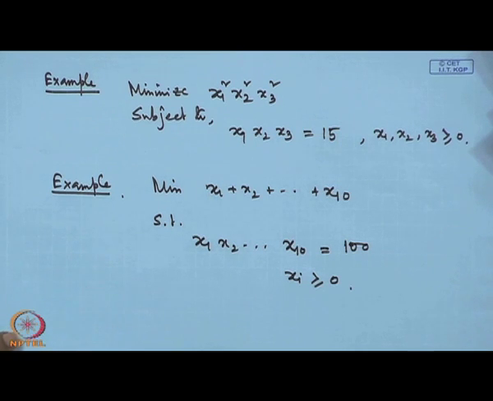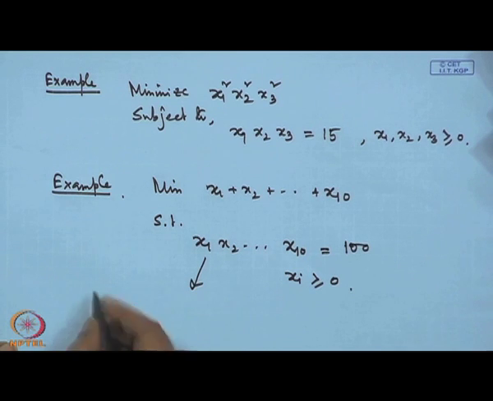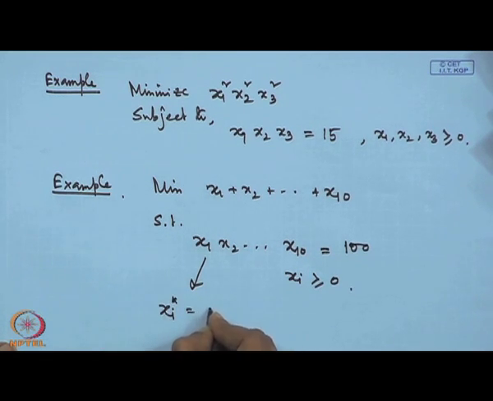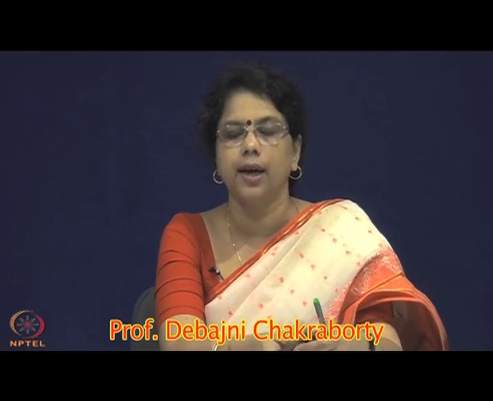Now that is all about the problem, and this problem solution I can say that xi star would be equal to, that is the solution of this, and that is all about the dynamic programming technique.